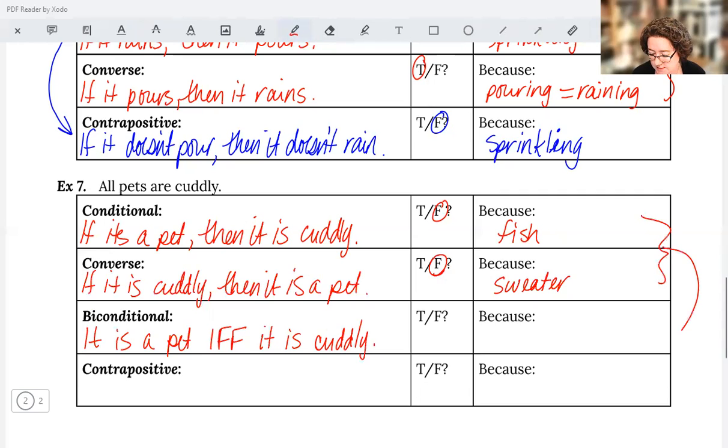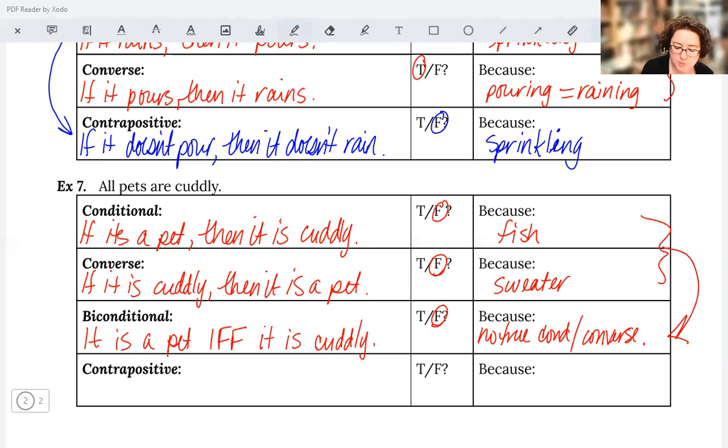We need the conditional and the converse to be true. Unfortunately, they're not. So we have no true conditional or converse. So again, before we said that it wasn't true because only one of them was true. In this case, we don't have anything true. So if they're both false, it still makes a false biconditional statement.